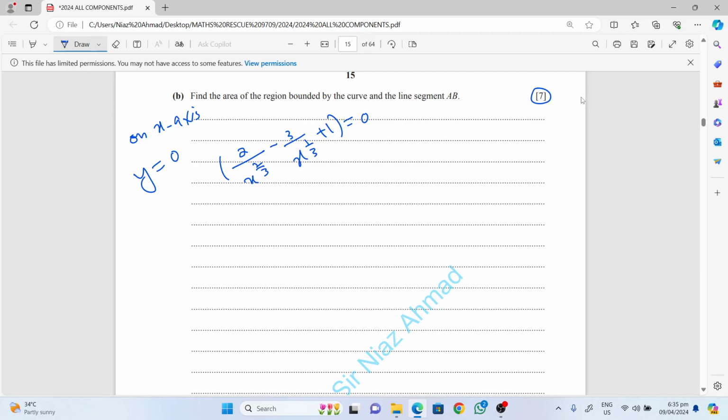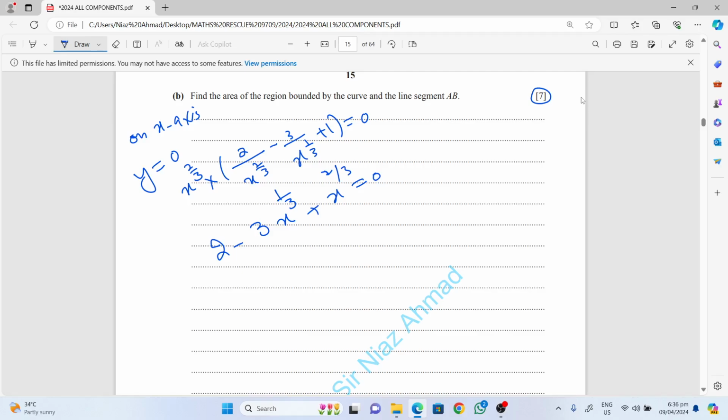If you multiply the whole expression with x raised to the power 2 by 3, you will be getting 2 minus 3 x raised to the power 1 by 3 plus x raised to the power 2 by 3, and it is equal to 0.